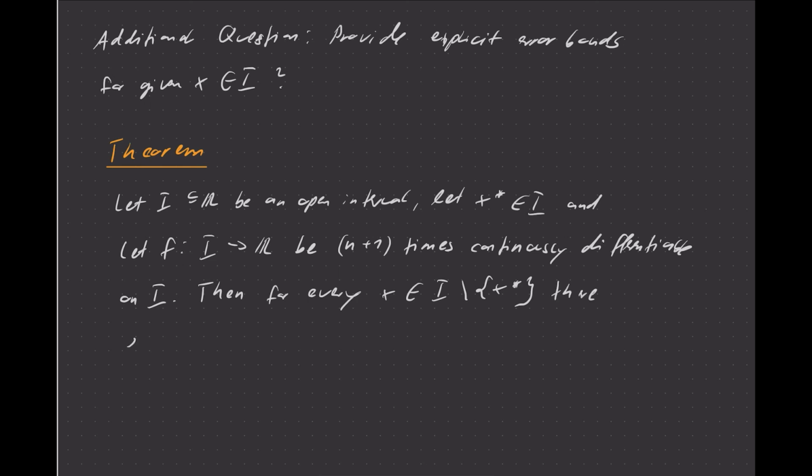There exists an x tilde, and that's the crucial point here. There exists a point x tilde, and all we know about that point is that it is between x and x star, so in the interval between x and x star, such that the following holds.